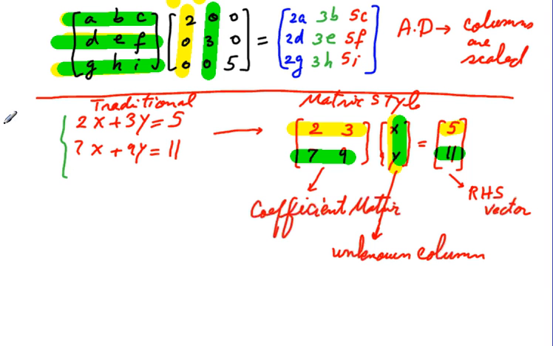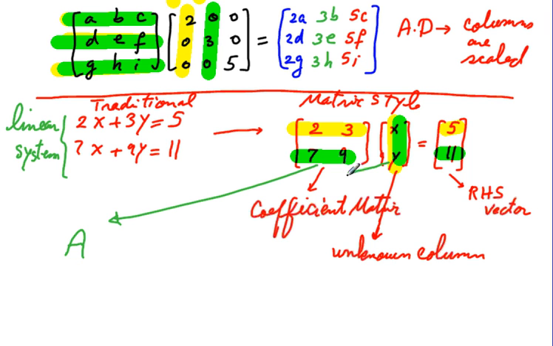So what you have here is a linear system. Linear systems can be shown like this. A linear system is made out of a coefficient matrix, typically shown by some matrix name, A, B, C, whatever.